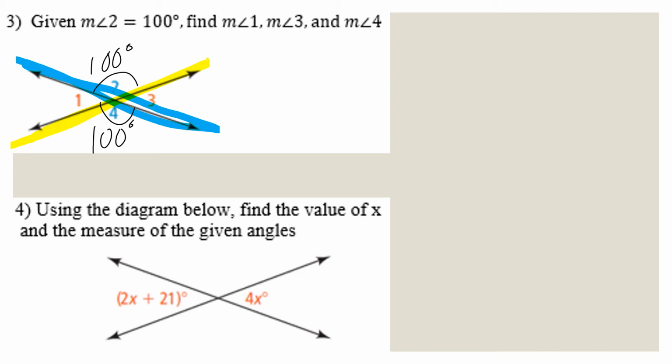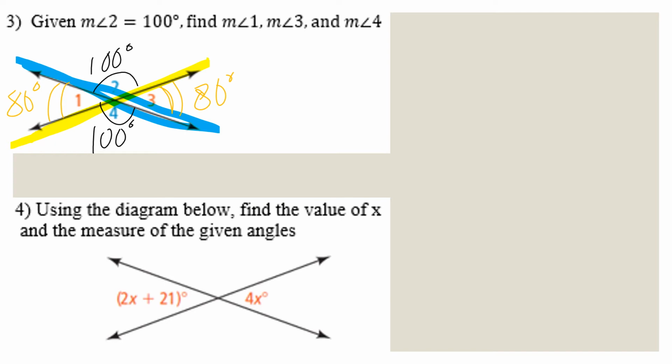Our linear pairs have to add up to 180 degrees. So if one of those is 100, what would the other one be? It has to be 80 degrees. So the measure of angle 1 is 80 degrees, the measure of angle 3 is 80 degrees, and the measure of angle 4 is 100 degrees.